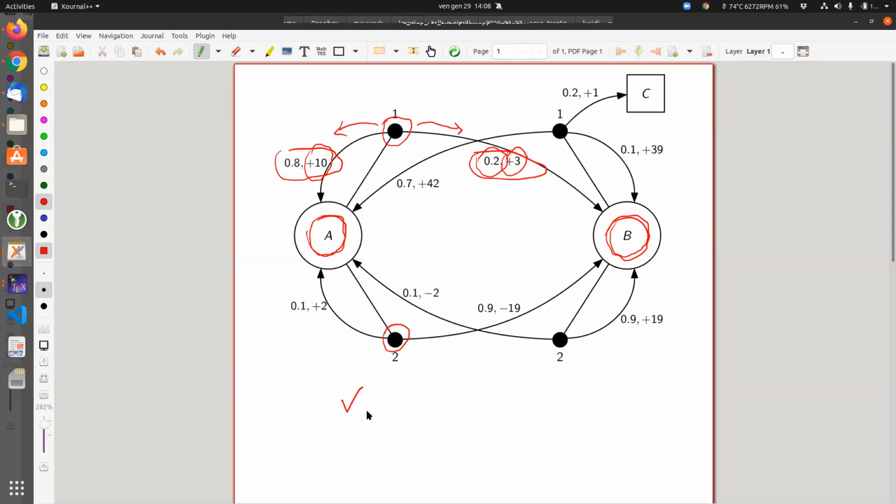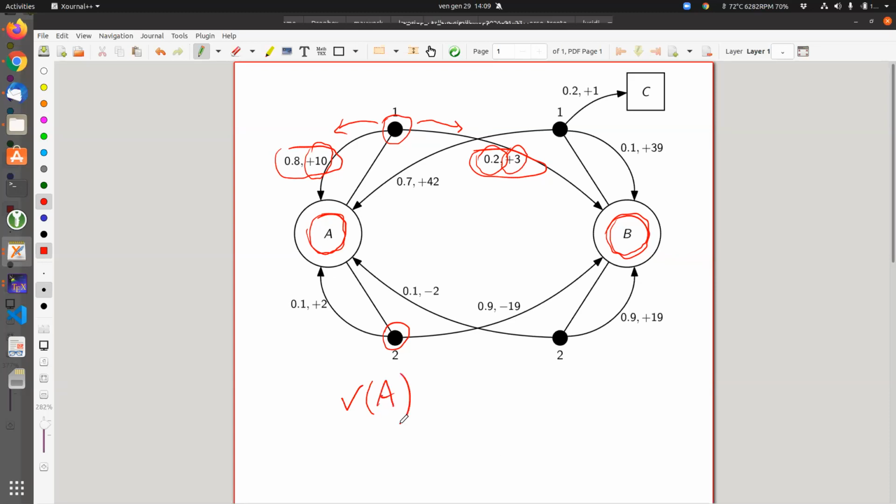For instance, here, the value of the state A would be the sum of every reward you can obtain. Let's use already the notation with the stochastic variables. If I start with the state A, the value of the state A is the sum of all the return I can obtain in a trajectory starting from state A. So I will write it this way.